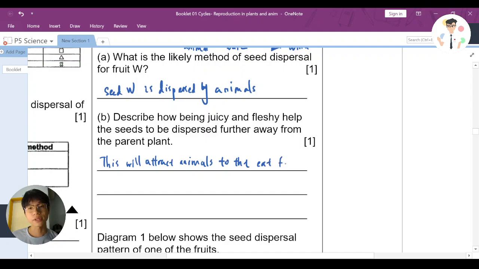And what happens is after they eat the fruit, if it's a smaller seed, it has an indigestible covering. So after being swallowed, it will be passed out in their droppings. But if it's a big seed, it will just be thrown away.